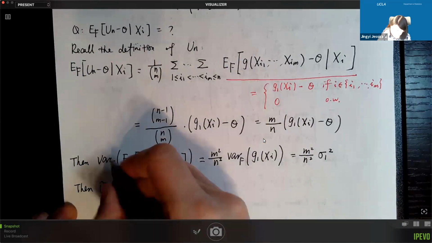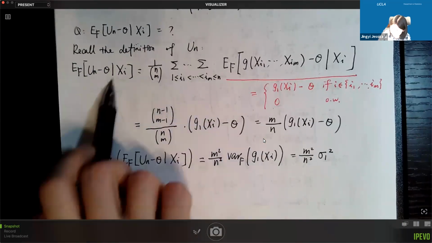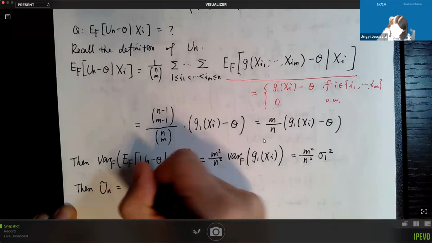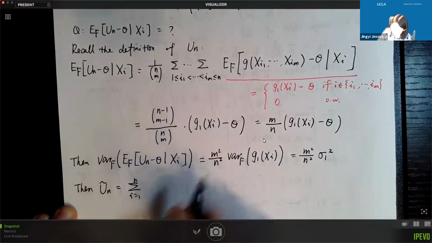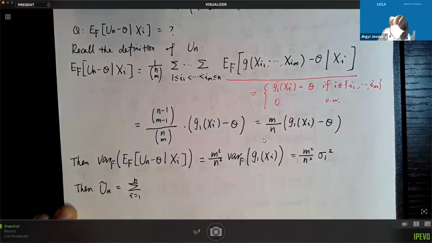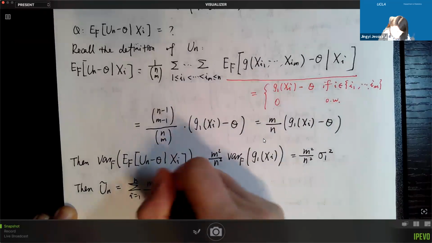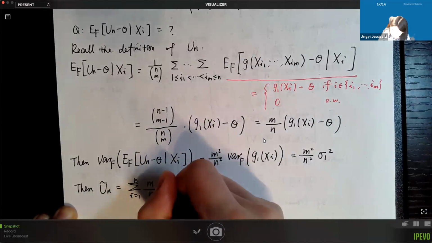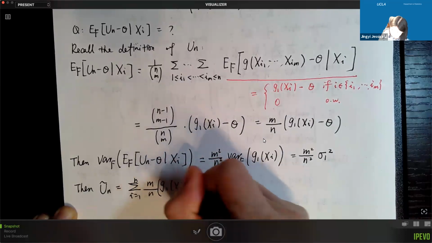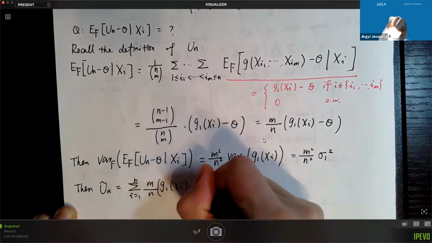So then the Un tilde, by this definition, with i from 1 to n, by this result is actually equal to m over n, g1 xi minus theta.